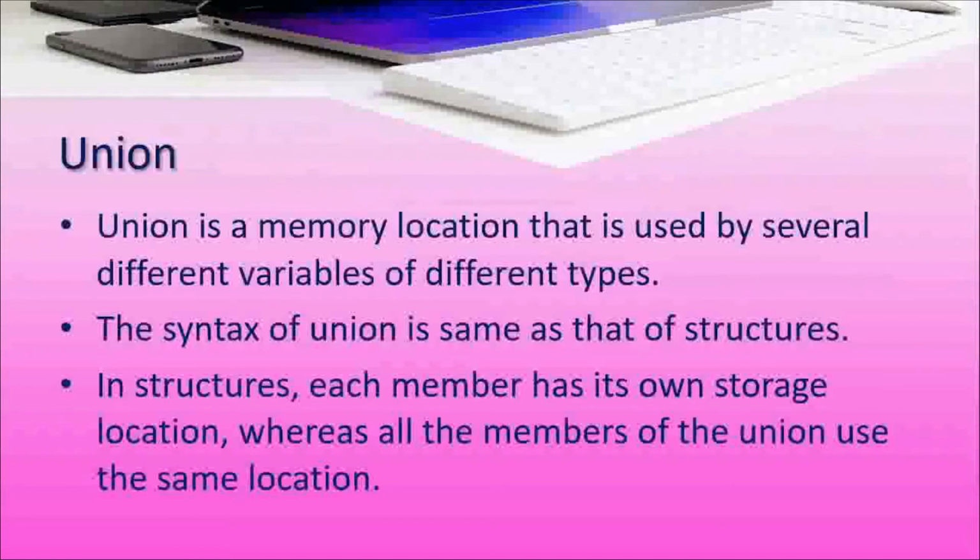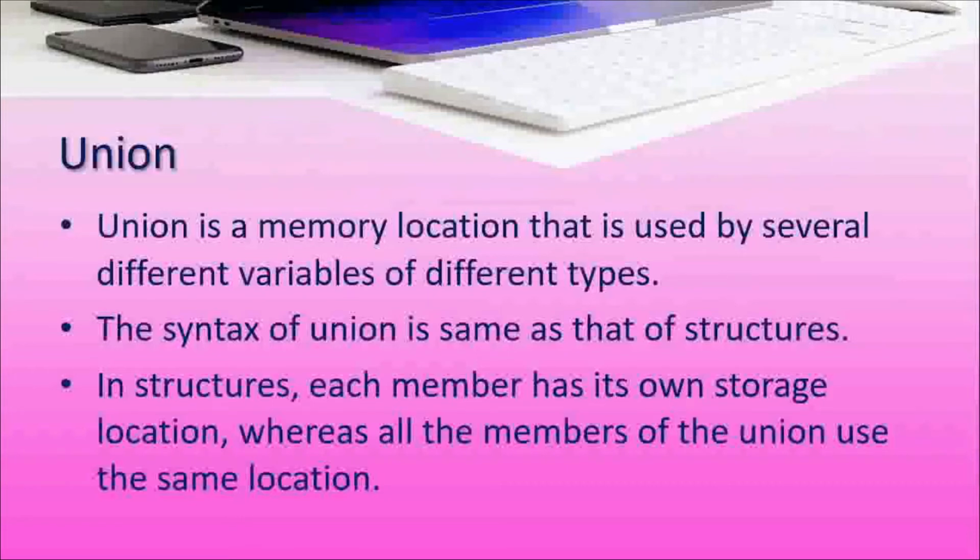That is, an assignment to the memory location allocated to a particular member doesn't affect the value stored in another memory location, in the sense of another variable. But in the case of union, it is not the case.